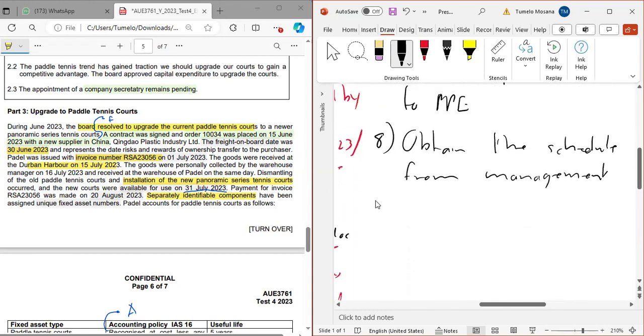So as I was saying, if we are not provided the schedule of the calculation, we would obtain the schedule from management. And obviously the easy one is to reperform the calculation of the schedule.